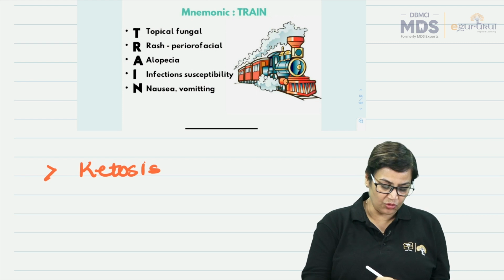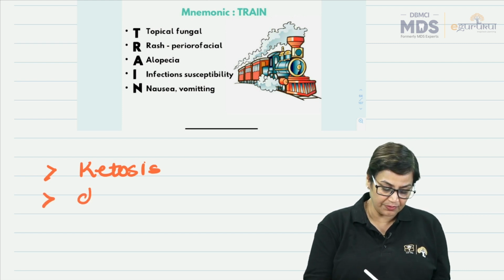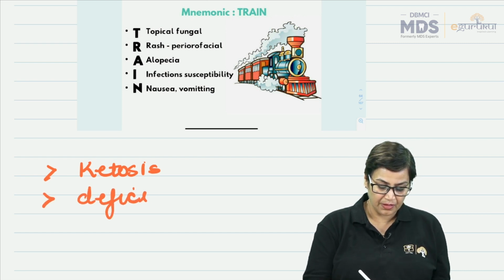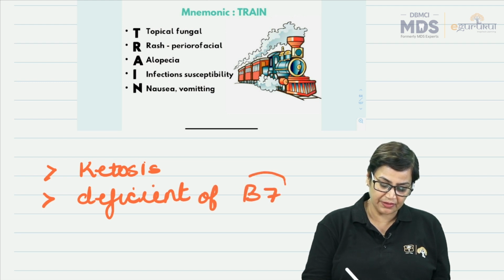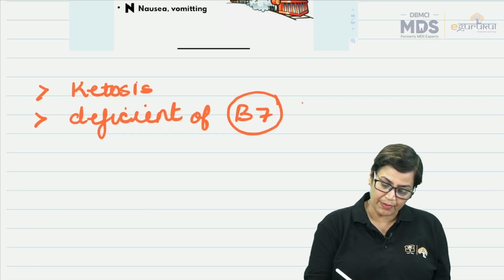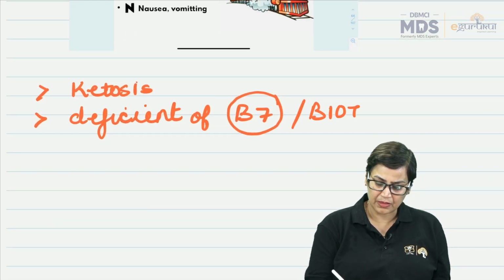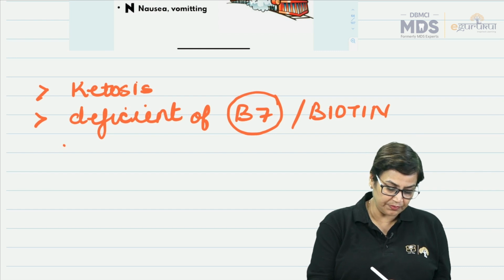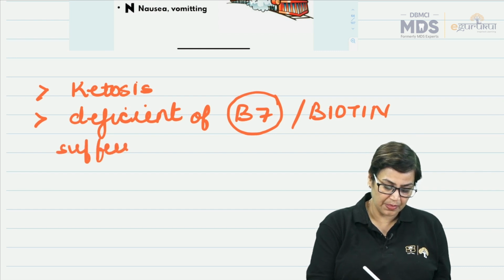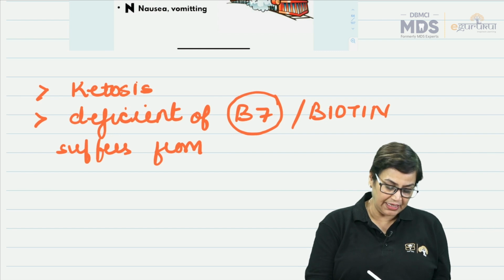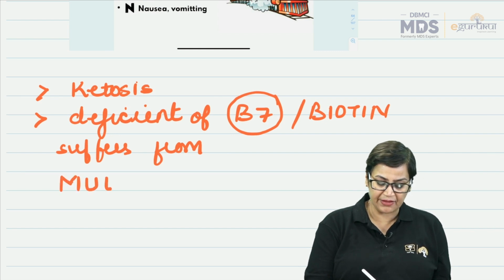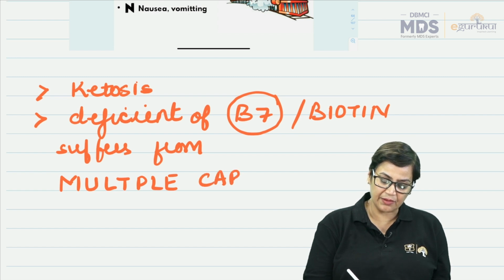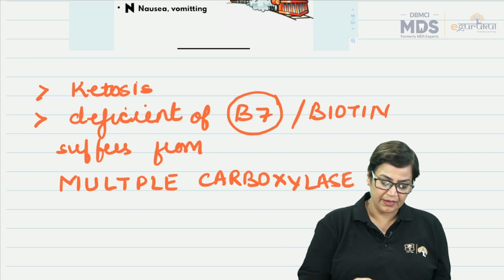Basically, the person who is deficient of B7 or biotin suffers from multiple carboxylase deficiency.